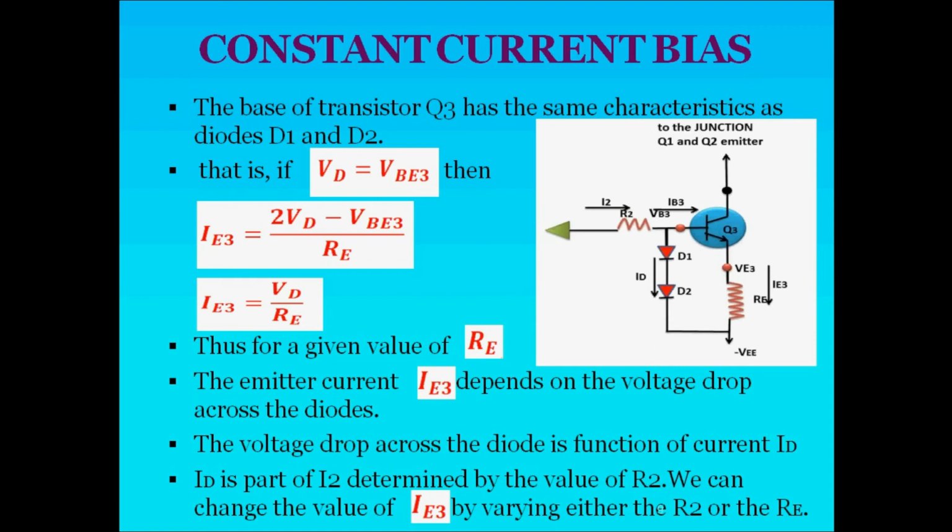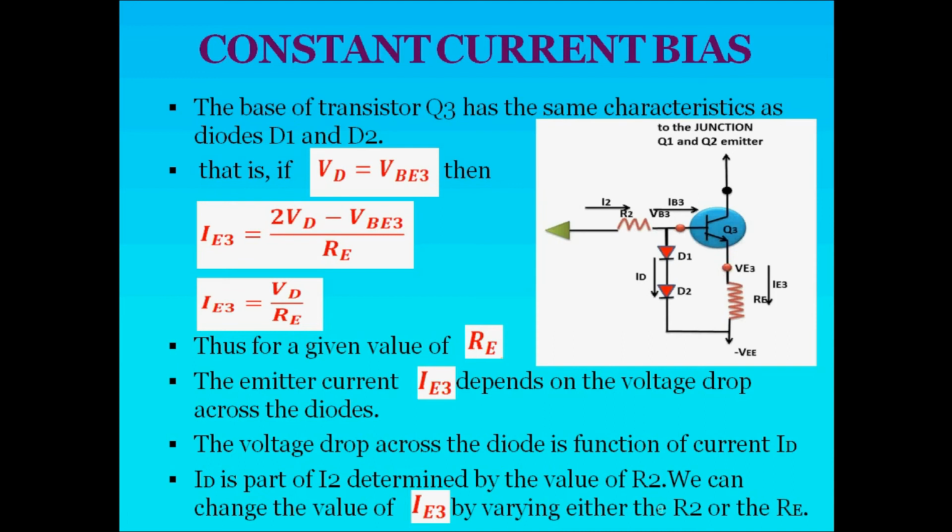Thus the voltage drop across the diode is a function of the diode current ID. As we know, here ID is part of the I2 current, which is determined by the value of R2. So ID is nothing but a small part of the I2 current, and I2 will be determined by the resistor R2. We can change the value of emitter current IE3 by varying either the R2 resistor or the RE resistor.